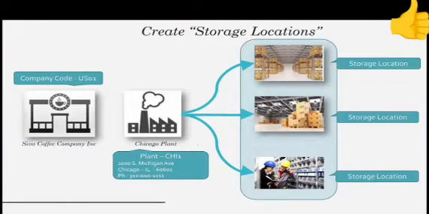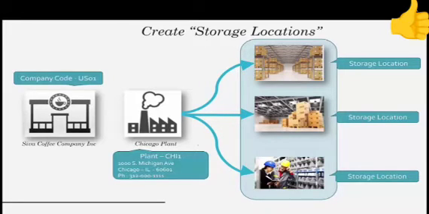The next step is to create storage locations. So we have a plant in Chicago, and then there are storage locations underneath that plant. We have already seen examples of storage locations in some of the previous videos.